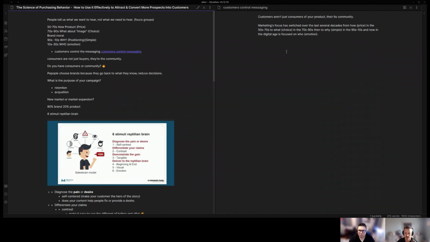It was about the price. Then it moved to the what, having choice. Then it moved to the why: why would you invest in it? Who are the types of people that purchase this product, like appealing to a personality. And now it's about the who and the emotion. And when it's about the who and the emotion, community becomes far more important in your marketing. I think that's what the speaker was trying to get to.